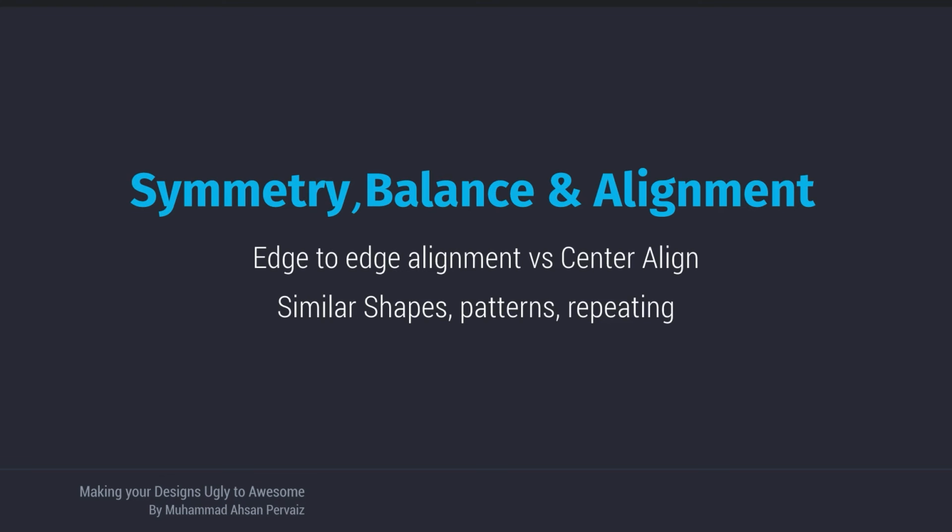Now let's talk about balance, symmetry and alignment in a bit more detail. The first thing: compare designs where you center align your text, your buttons, everything, versus designs where you use edge alignment, either on the left side or the right side. Edge to edge alignment is going to win.